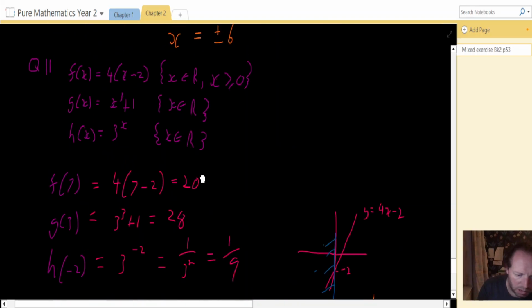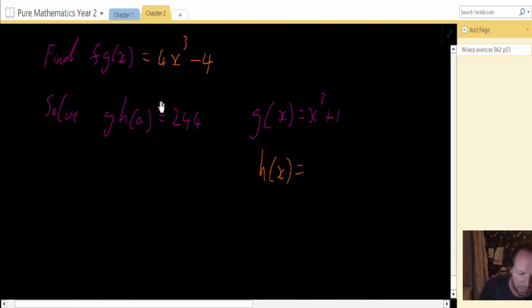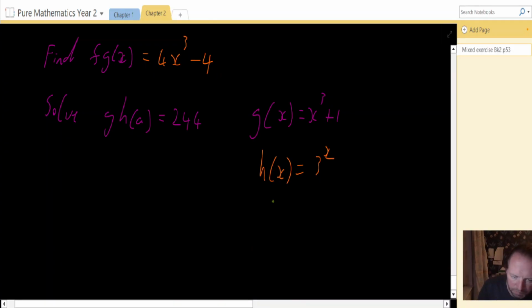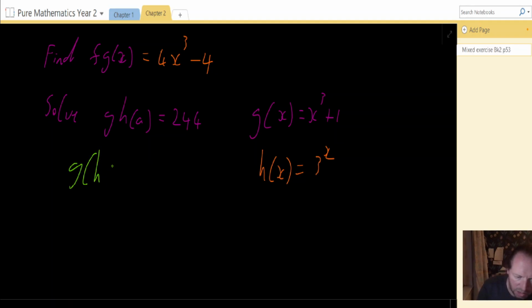It was 3 to the power x. We are now doing g of h of a equal to 244.